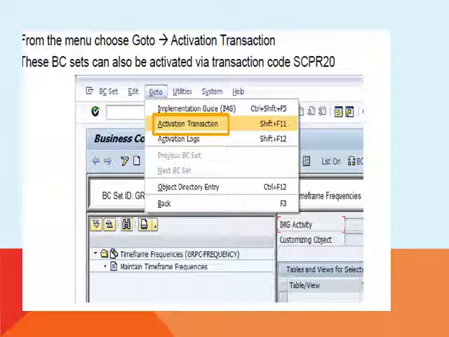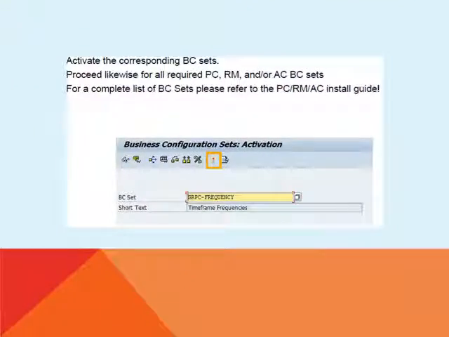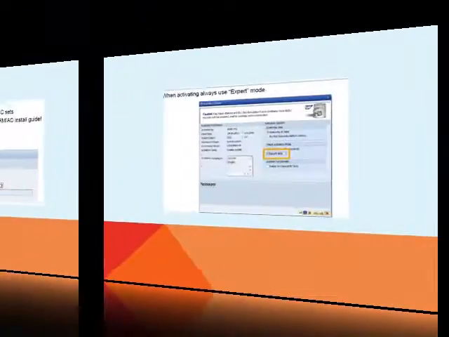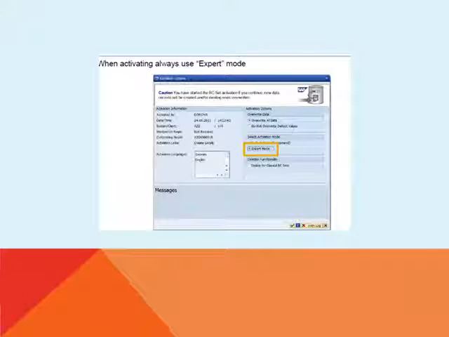You'll find here the shortcut Shift plus F11. After activating all the BC sets, we should remember one thing: every time we should use only expert mode.